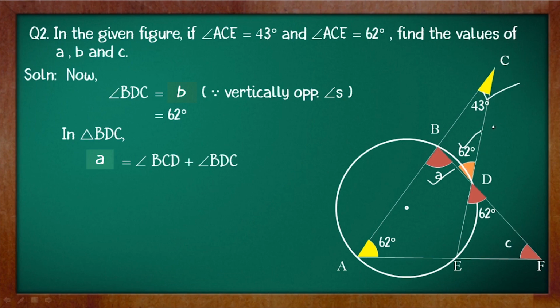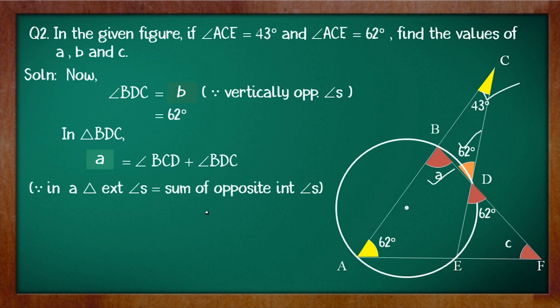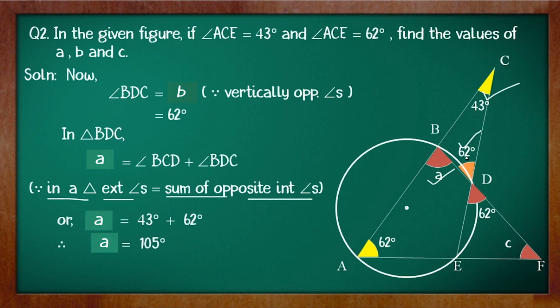The sum of these two angles will give us A. Why? Because in a triangle, the exterior angle is equal to the sum of the opposite interior angles. So angle A will be 43 plus 62 degrees. After adding, we get angle A as 105 degrees. So this is 105 degrees here.